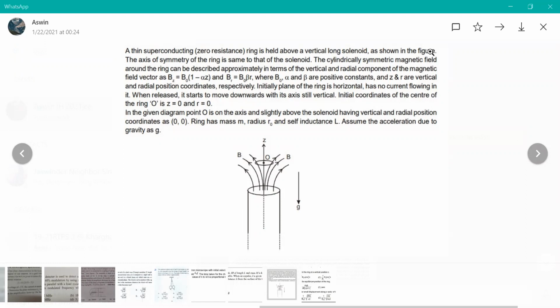So B naught, A, beta, these are all constants. Z is the vertical and R is the radial position of the coordinates. There's no current flowing in it initially. It is released from rest from the point Z equal to 0. And the center of the ring is at the point R equal to 0. Okay. So let's go transfer this information.